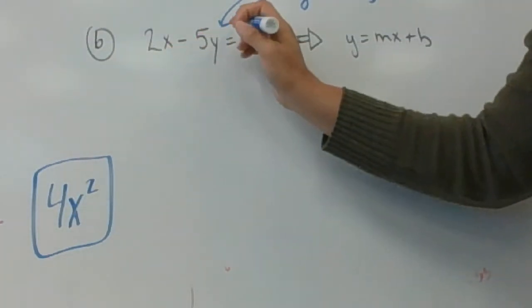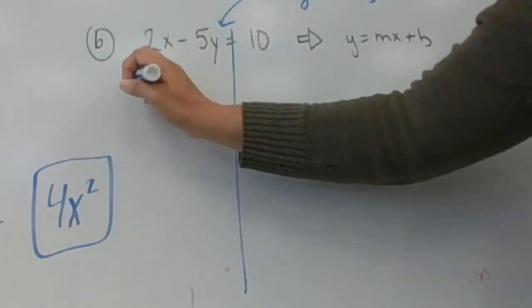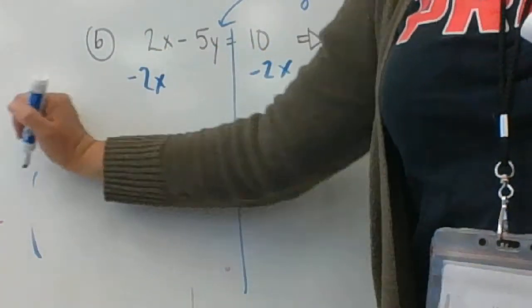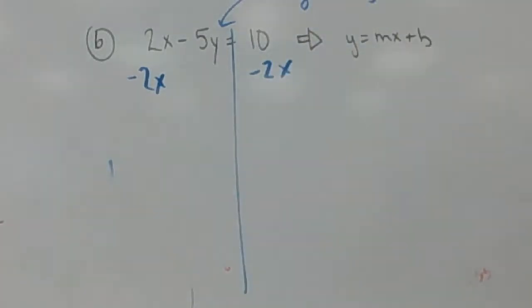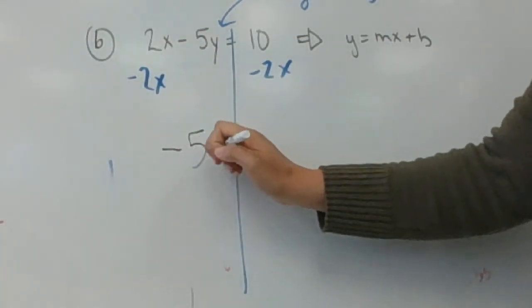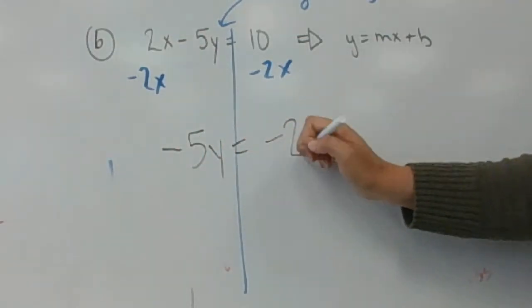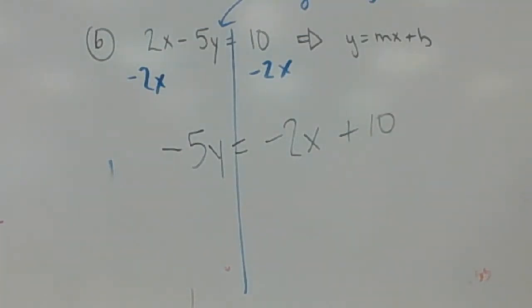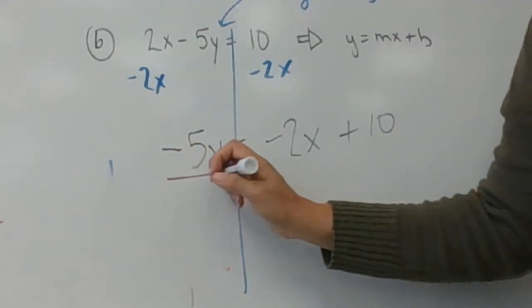So I would, let me put my line in here. I'm going to minus 2x from both sides. And so negative 5y equals negative 2x plus 10. And then divide by negative 5.